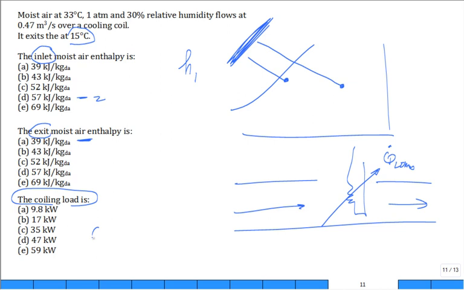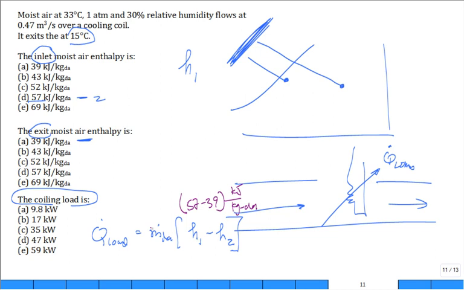Isn't that just going to be Q dot load on the coil equal to the mass flow rate of the dry air times the enthalpy coming in, which is 57, minus the mixture enthalpy going out, which is 39. So we have 57 minus 39. What are the units? Kilojoule per kilogram of dry air. That's why we like the mass flow rate of dry air.